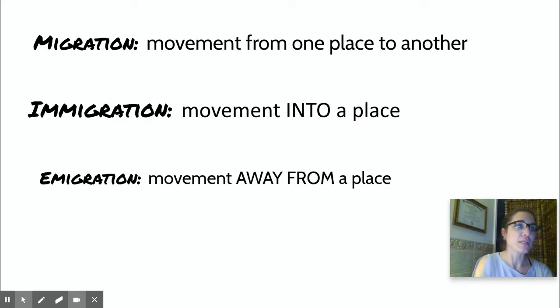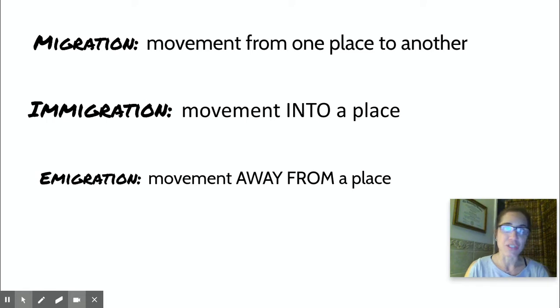Okay, so to start, we want to make sure that we're using the right words for what we mean to say and that we understand what we're hearing when we hear it. So let's start with the word migration. That's a very general term that can refer to any kind of movement of people from one place to another. So a migrant, if you hear the word migrant, that's anyone who's moving either in or out of their country. It covers it all.